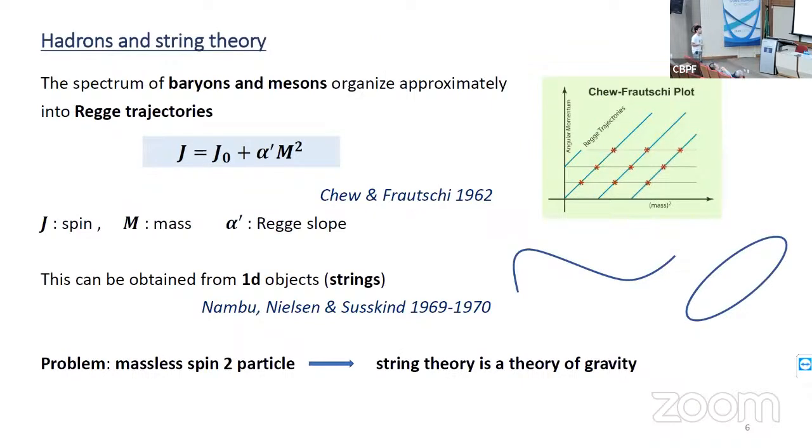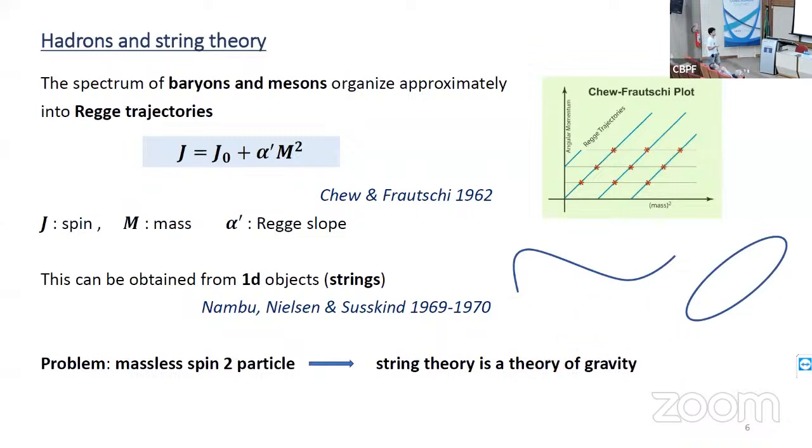Just to motivate holographic QCD, I must remind you of the connections between hadrons and strings. It started with the classification of hadrons into radial trajectories, the so-called Chew-Frautschi plots, that motivated the possibility of this relation between the squared mass and the spin being associated with one-dimensional objects, either open strings or closed strings.